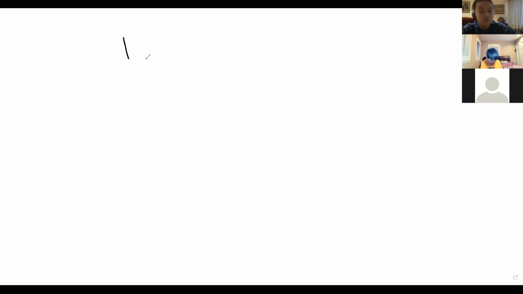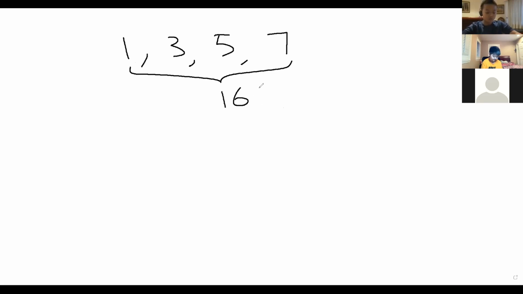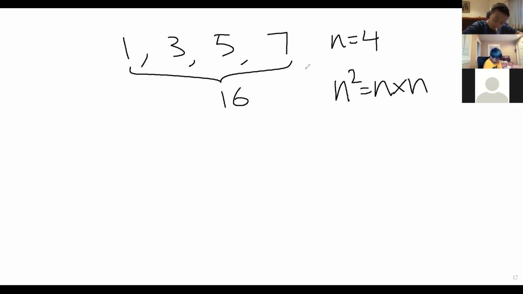So if it's 1, 3, 5, 7, if you added all of these together, you would get 16. There's 4 numbers here. The sum is n squared, which is n times n, which in this case is 4 times 4.